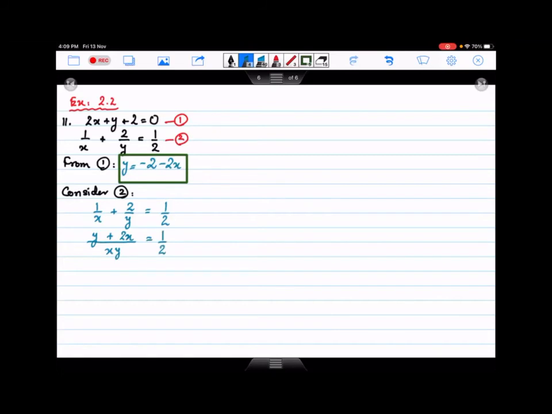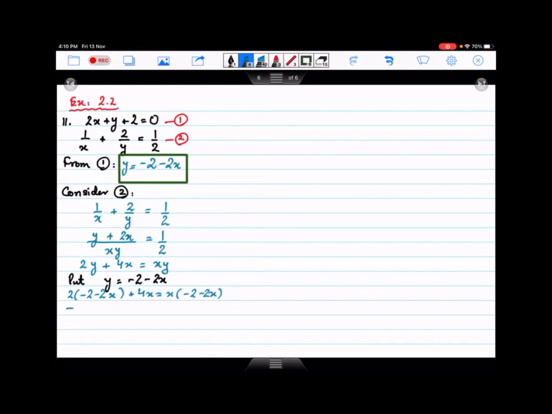Now cross multiplying it, it should become 2y plus 4x is equals to xy. Now I will be putting the value y is equals to minus 2 minus 2x. So instead of y, I will write minus 2 minus 2x on the left side as well as on the right side.